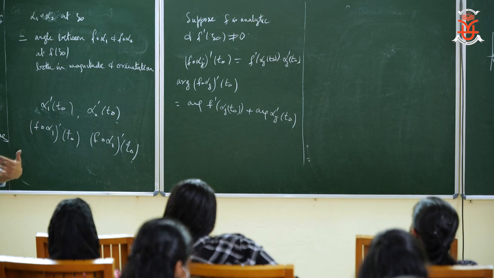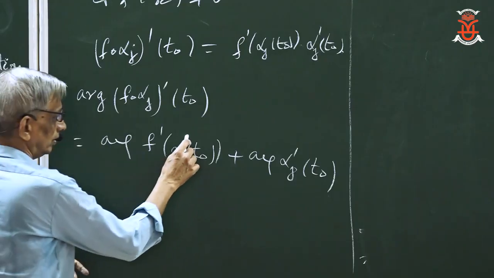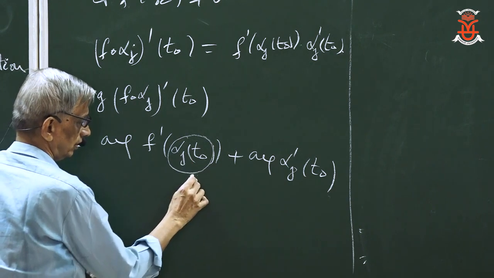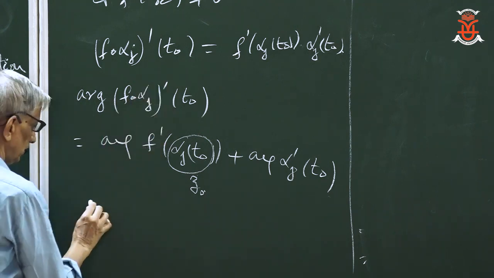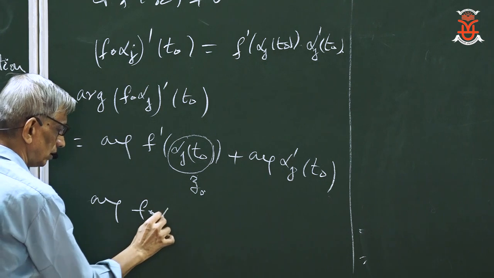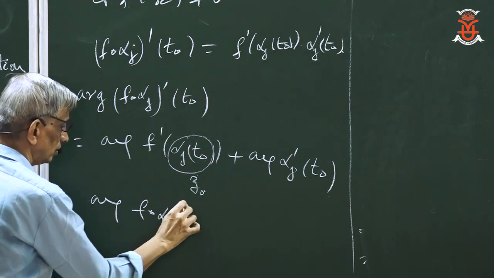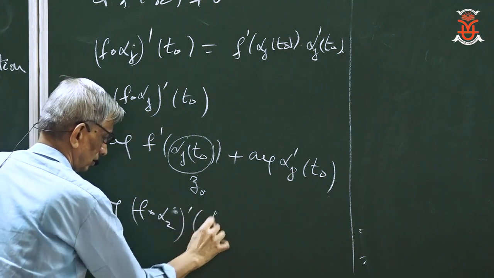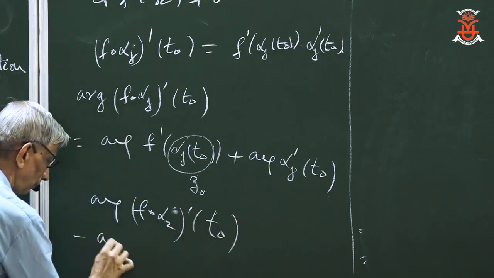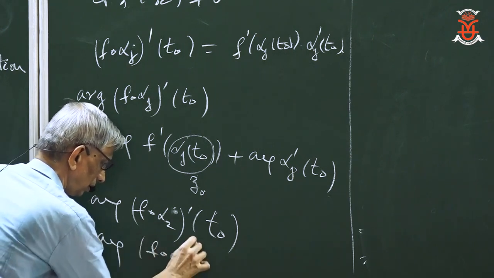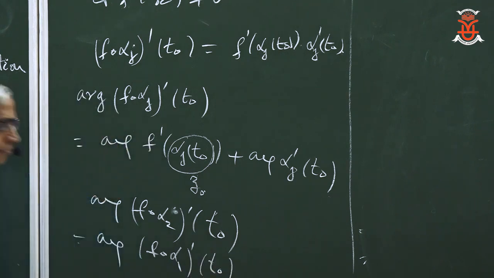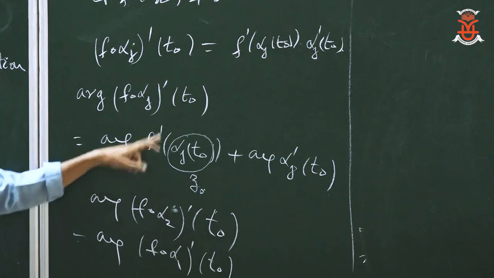So when you take the difference, this is z naught, right? Alpha t naught is z naught, let's say. So what is the difference therefore? Argument. You have j equal to 1, 2, right?